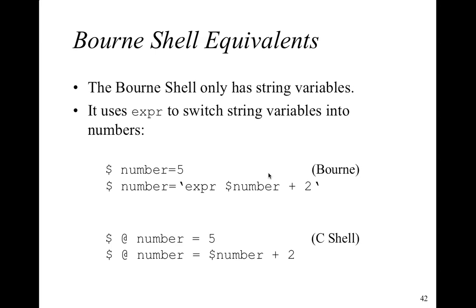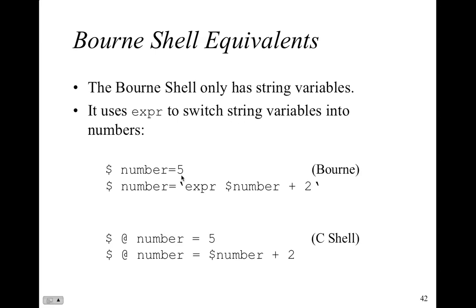In terms of the Bourne shell equivalents, the Bourne shell only has string variables, nothing else. So if you're going to use C shell over Bourne, you've got the advantage of actually having numerical values and types. Bourne uses expr to switch string variables into numbers, so it's almost like casting.